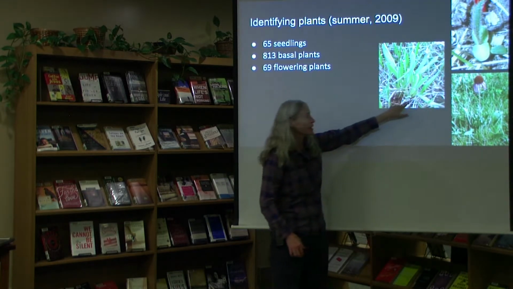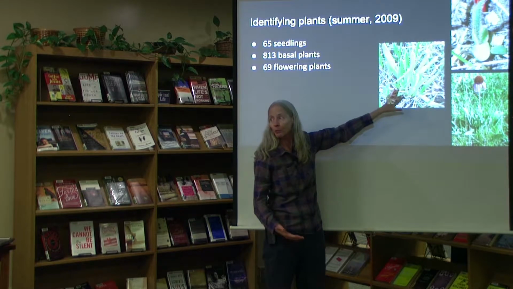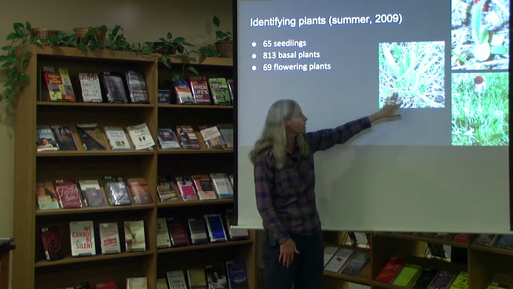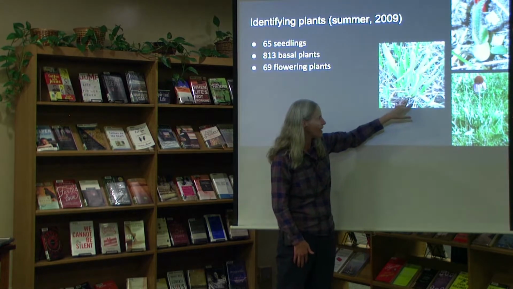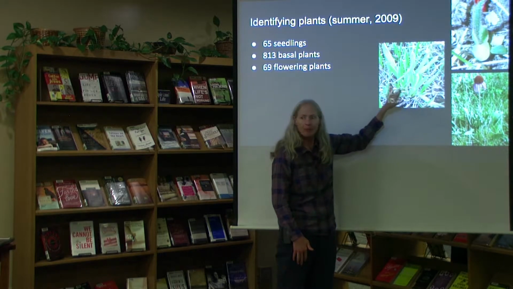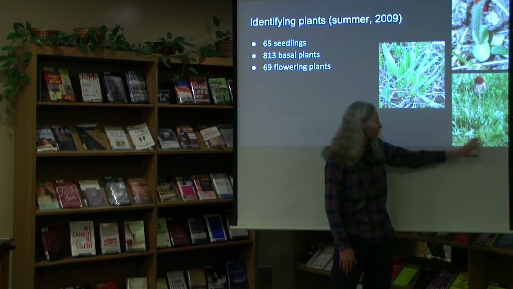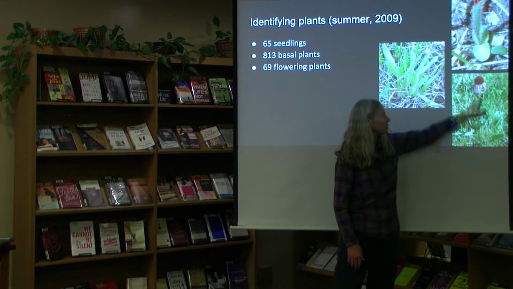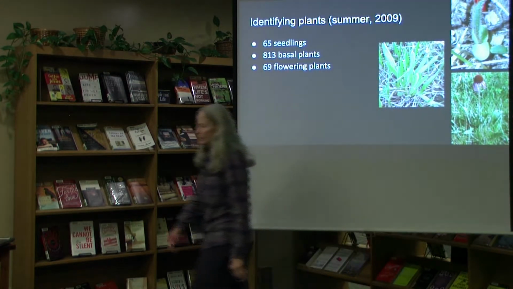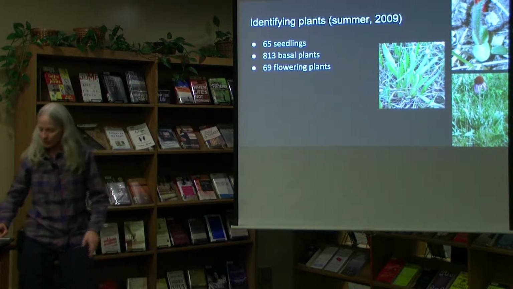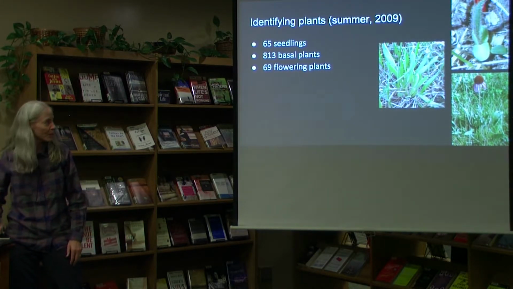A whole bunch of plants that haven't yet flowered or weren't flowering at the time. We call these basal plants because they have leaves from the base. And then some flowering plants as well. You can see the leaves down here, and then the flowering stalk. So the flowers are easy to find, the rest not so much.